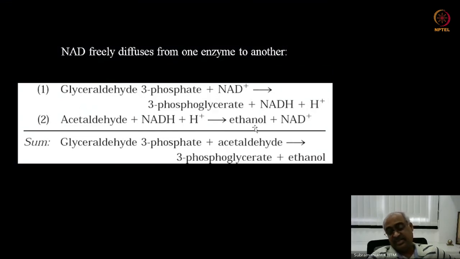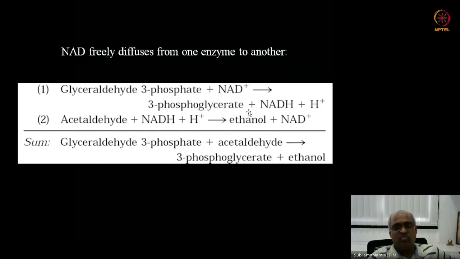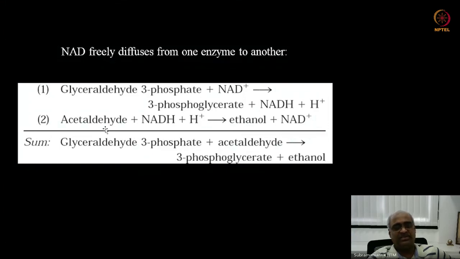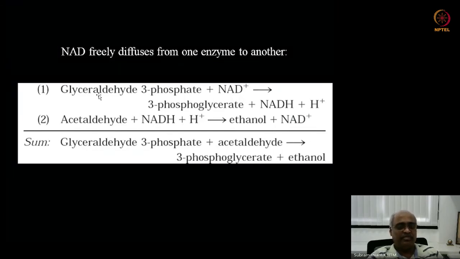Here single bond OH, so this is more reduced. Therefore this is getting oxidized, and the electron for that is coming from this NADH plus H plus, and it has lost a hydride and then it becomes NAD plus. So it can diffuse from one enzyme to another enzyme.